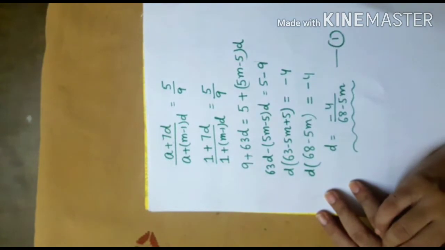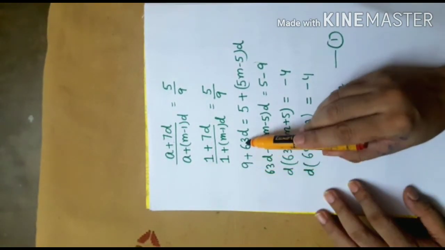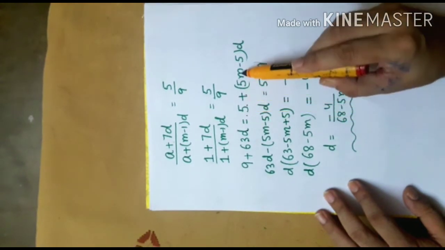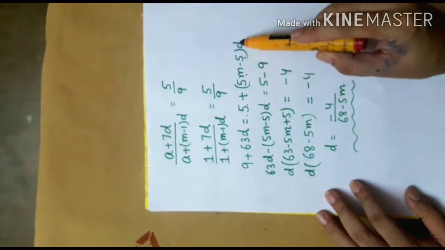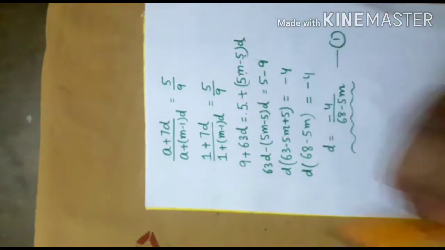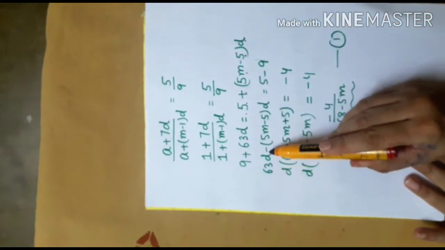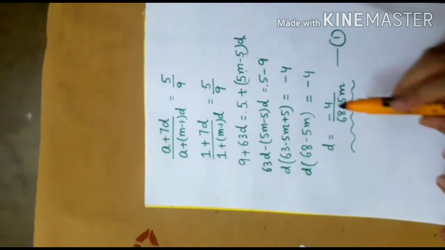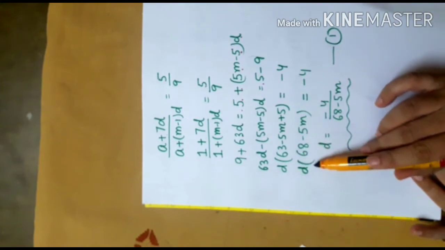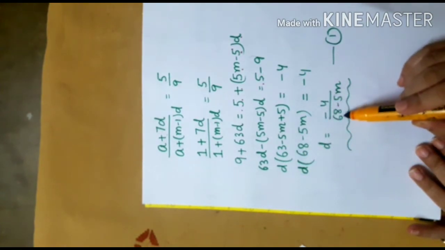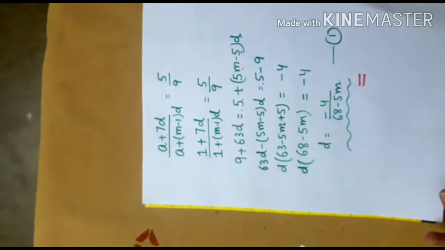On cross multiplication, I'll get 9 plus 63D equals 5 plus 5(m minus 1)D. Transposing this term to this side, I'll get 63D minus 5(m minus 1)D equals minus 4. So from here I'll get D equals minus 4 over (68 minus 5m).